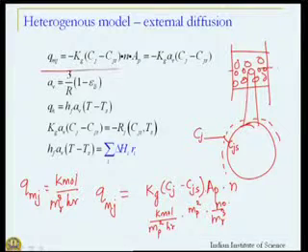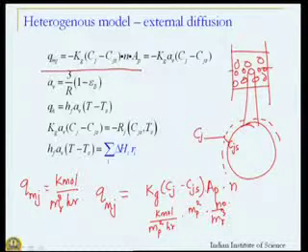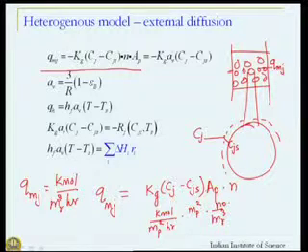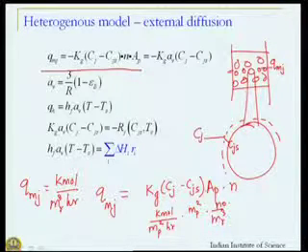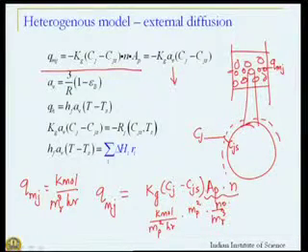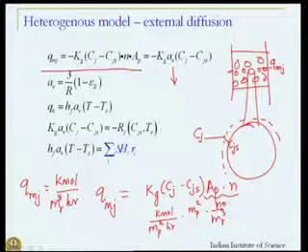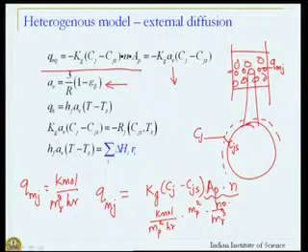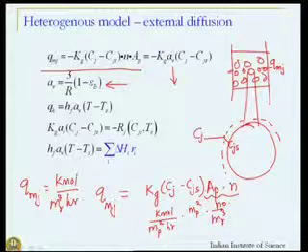Indeed, this is my Q mj, that is, at this cross section the particle or the species J will see its generation, which is equivalent to the mass transfer rate times AP times N. We can write AP into N as AV, that is catalyst surface area per unit volume of the catalyst, and if we assume spherical particle, that AV works out to be 3 by R 1 minus epsilon B.